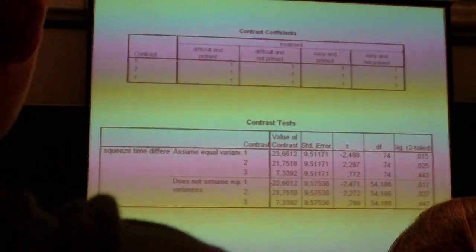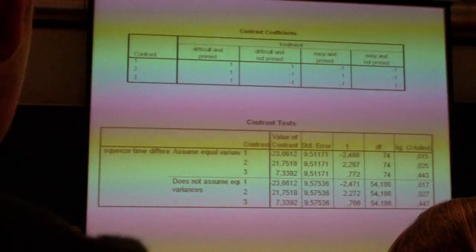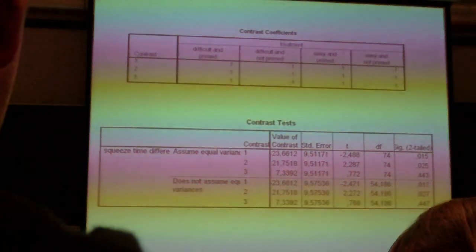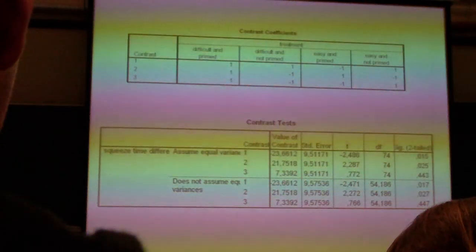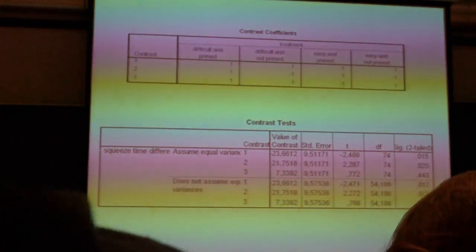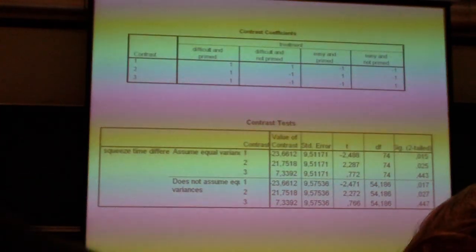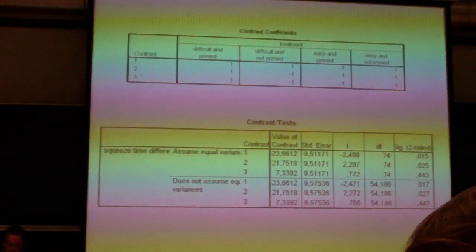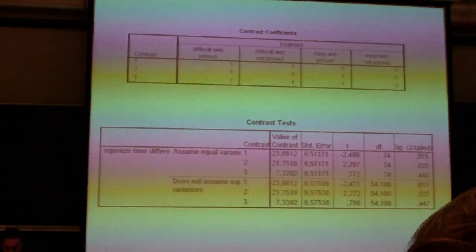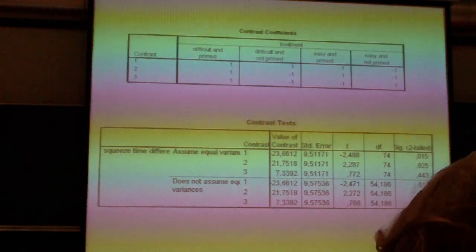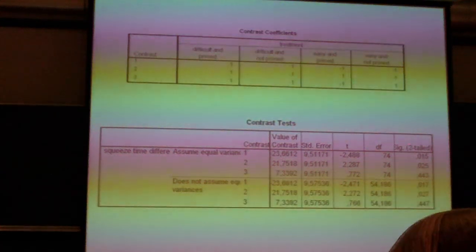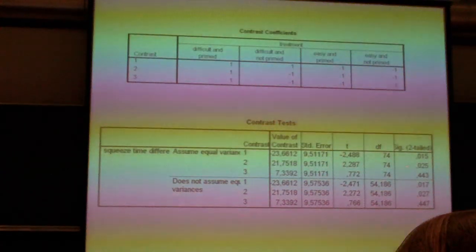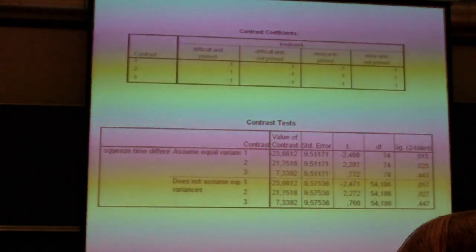First thing we look at is the result of the interaction contrast. It's not significant. Now, in this particular case, we have orthogonal contrasts, which means that the contrasts that we have formed are statistically independent, and that means that we can immediately carry on with evaluating the main effects.